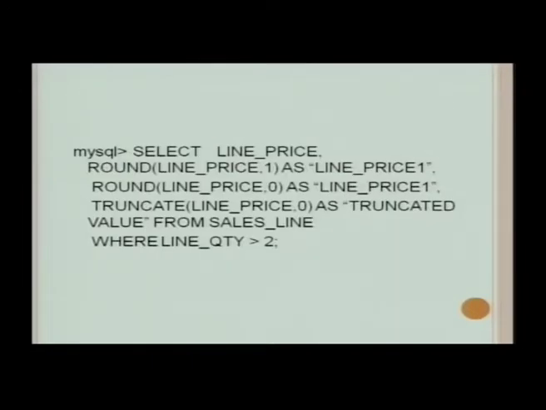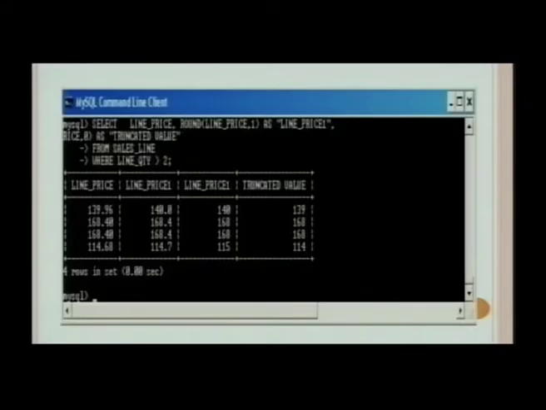So, select line price, the field that we are working with, and then round. Here I have used 2 round functions, one rounded to 1 and one to 0 places, and then it is truncated where quantity is greater than 2. This is how you get the result.